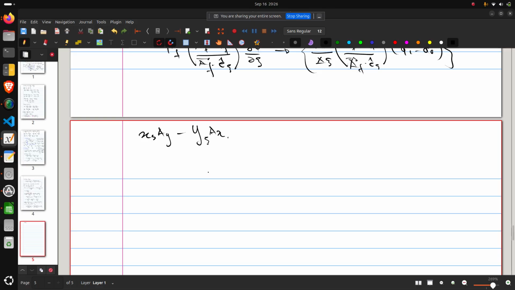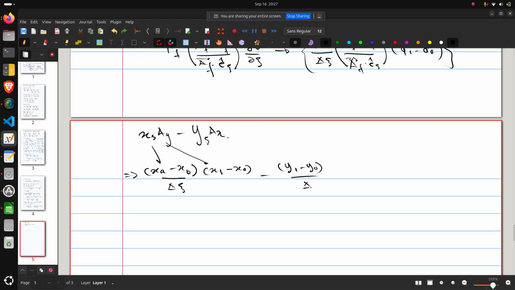So this will be nothing but xa minus xb divided by delta psi, this term, and our ay is nothing but x1 minus x0, right, plus, sorry, not plus, it will be minus, minus of y psi will be y1 minus y naught by delta psi.